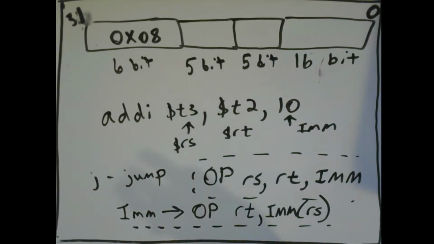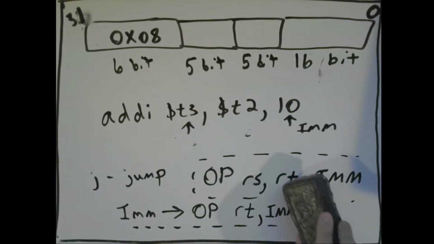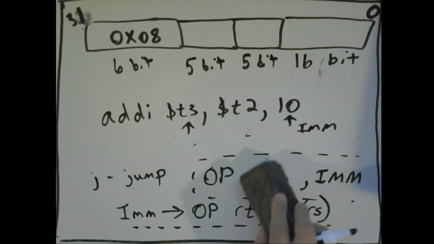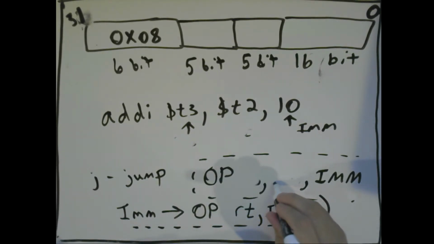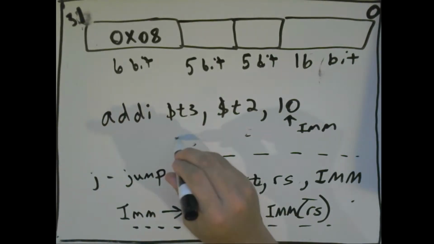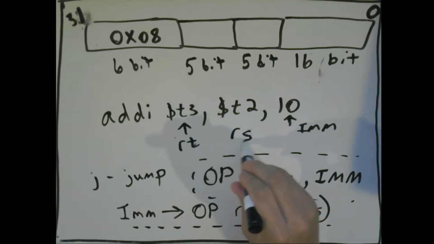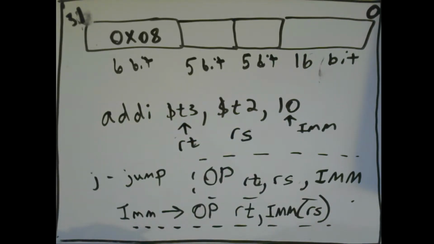It might be the other way around then. $T2 should be for RS. Right, okay. I may have had these backwards. Thank you, guys. So this should be RS, this should be RT, right? So you'd flip these around. RT here and RS. Does that look right? Okay.